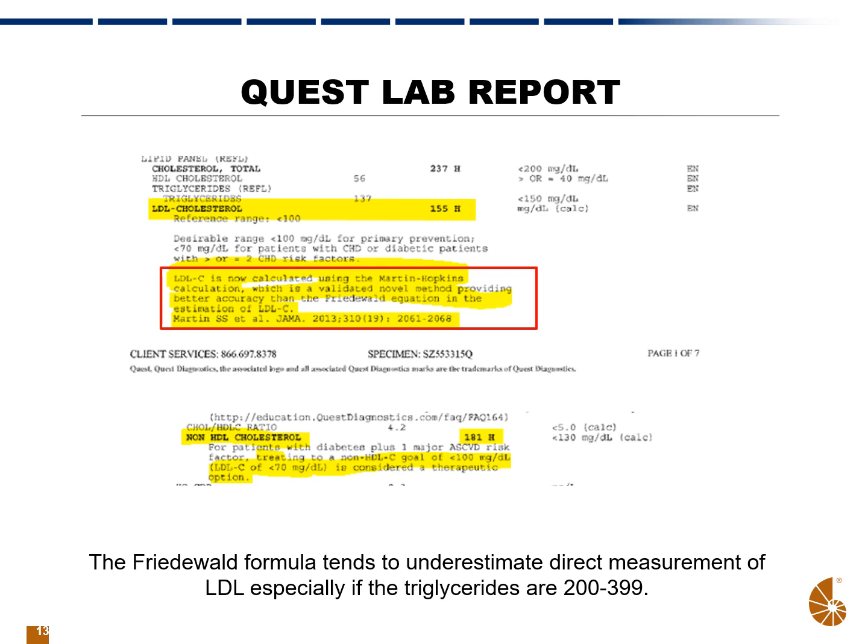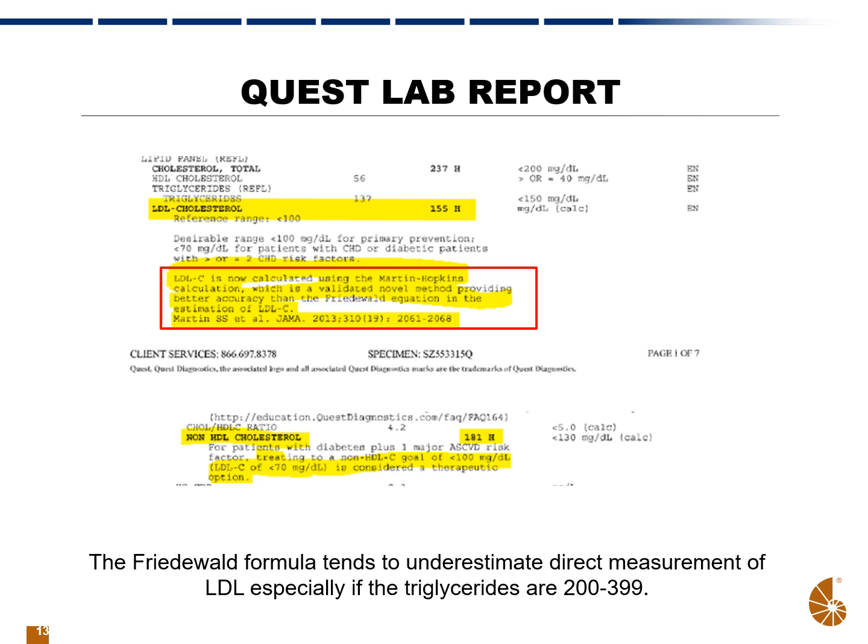And here's a Quest lab that was in an APS that I saw, and you see at the top, it says LDL cholesterol highlighted in yellow at 155. And then if you look at the paragraph that I put in the red box, this is on Quest now, not exam 1. We said exam 1 uses the Friedewald formula. Quest, which is actually the mothership for exam 1, started using something called the Martin-Hopkins calculation.